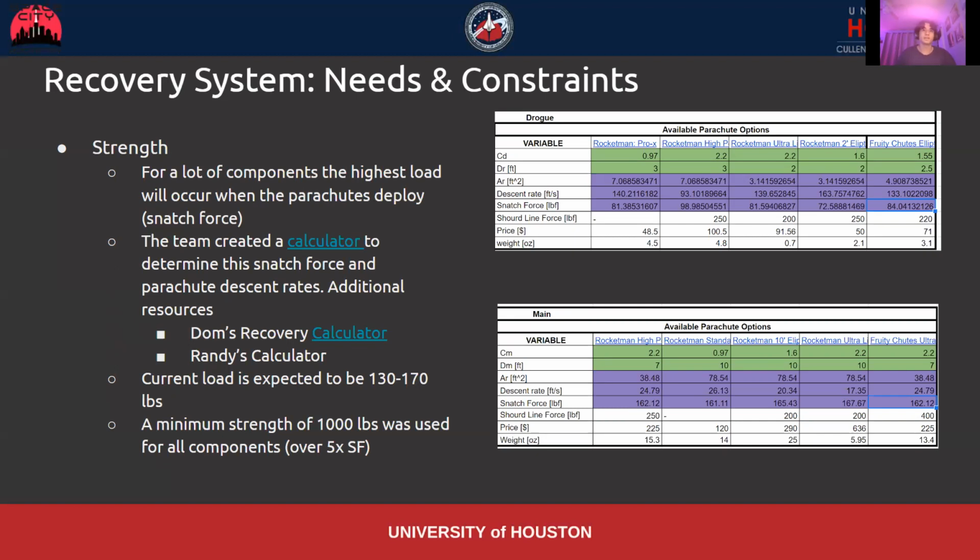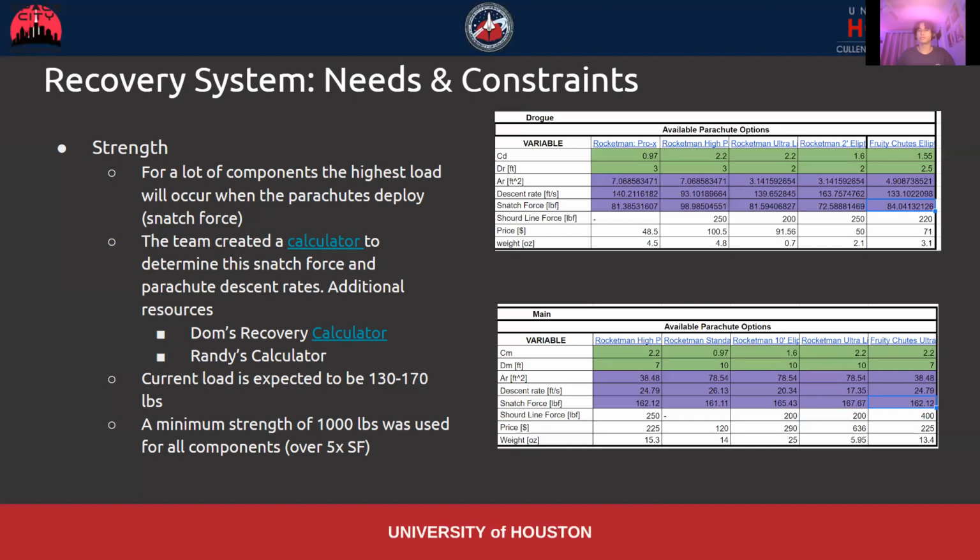But anyways, there's also Dom's recovery calculator that he made, I think like 2 years ago. And then there's also Randy's recovery calculator. That one I have not linked to because I don't know if he's cool with us just sharing it online. So I have not included the link for that.